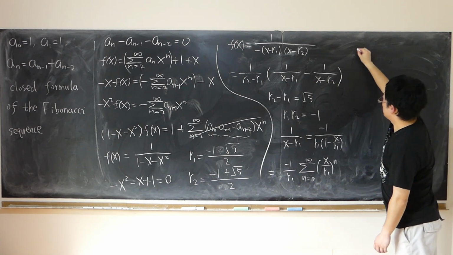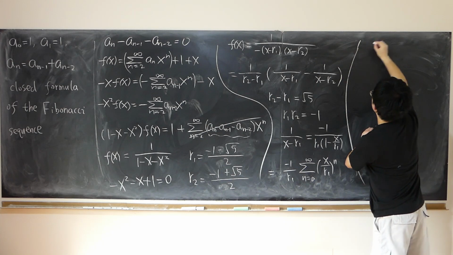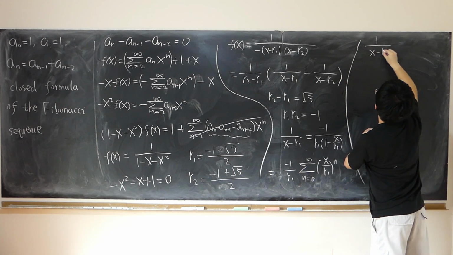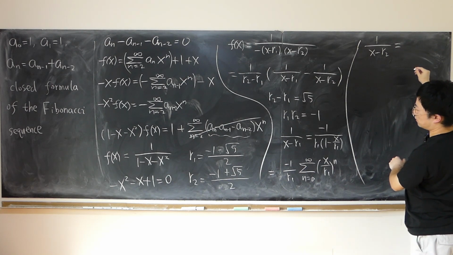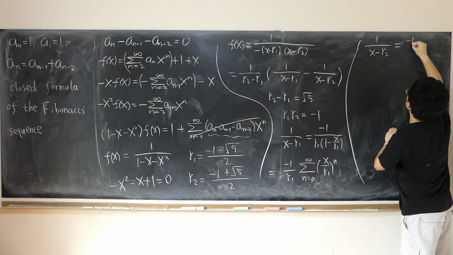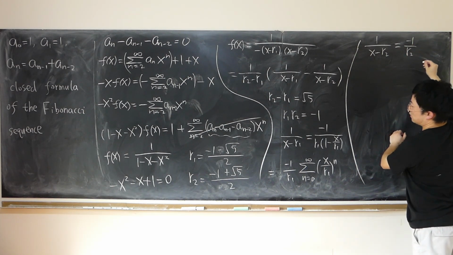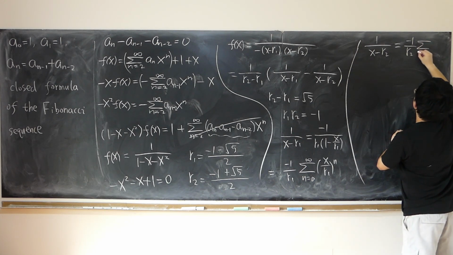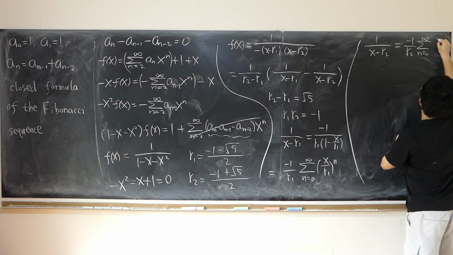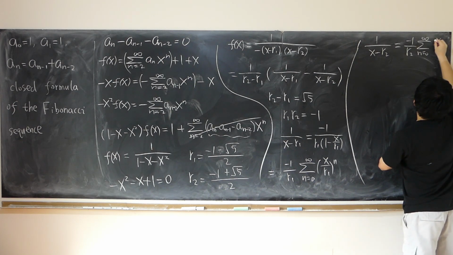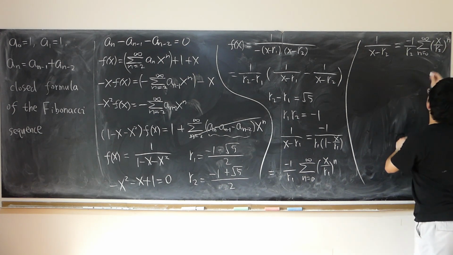So likewise, 1 over x minus r2 equals a similar thing, negative 1 over r2, infinite sum n from 0 to infinity of x over r2 to the n.